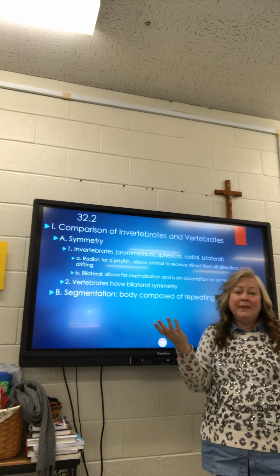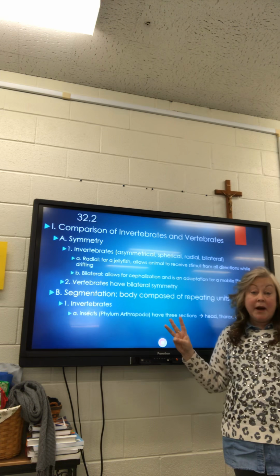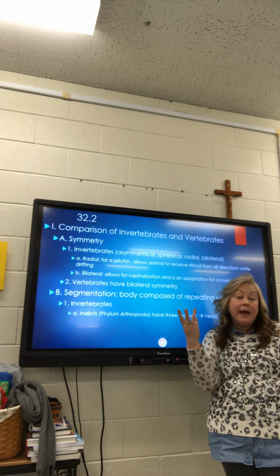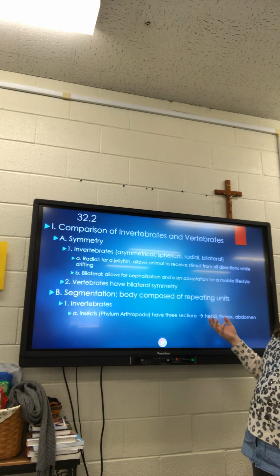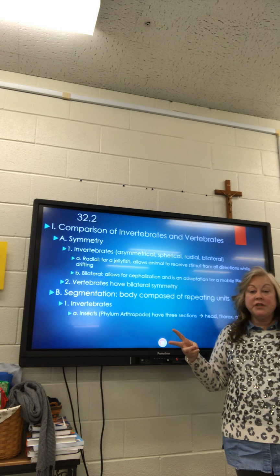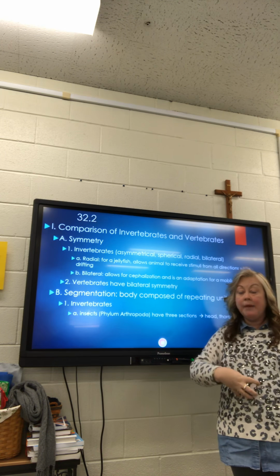In invertebrates, you have insects that have 3 body sections. You probably studied those in grade school where you had the head, the thorax, and the abdomen. Or maybe you were studying spiders and they had 2 body sections called a cephalothorax and an abdomen.